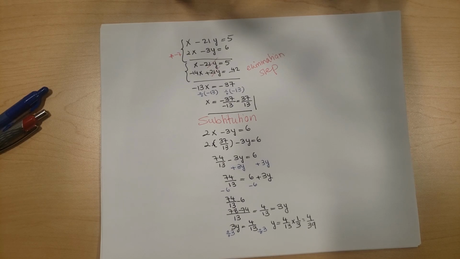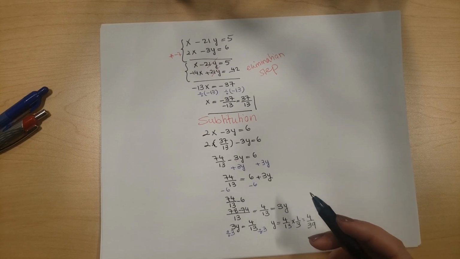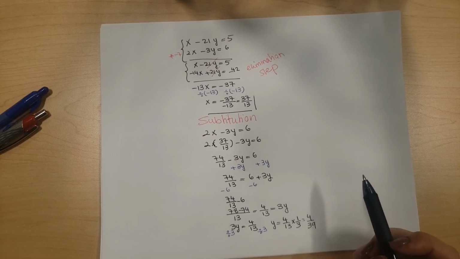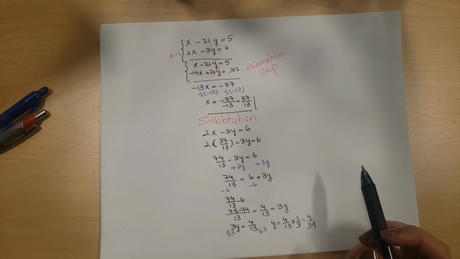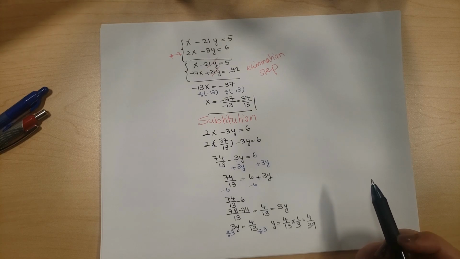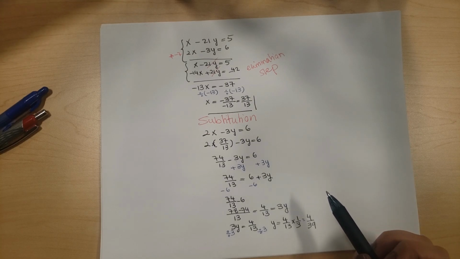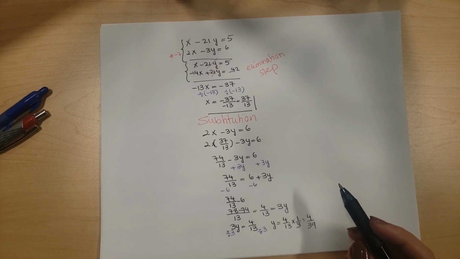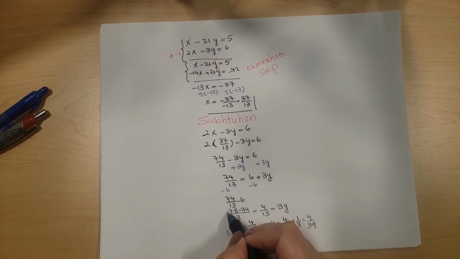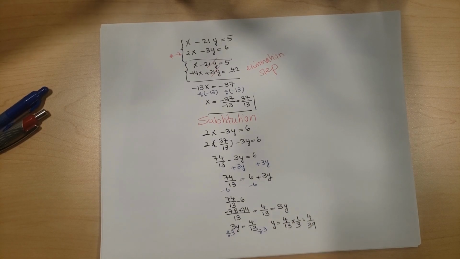Okay, so the y, all right. Here I add negative 6... sorry, it should be a negative here. I made a mistake.